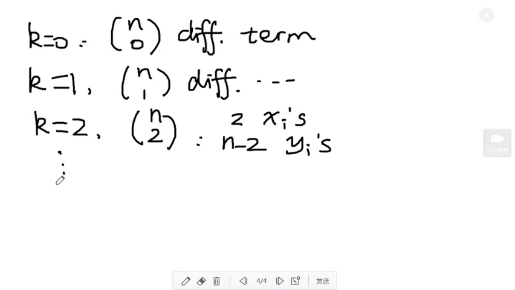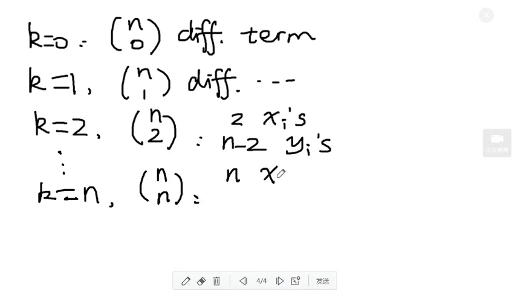So all the way going, my k can choose the largest value n, which in this case is n choose n, which means you have n xi's. And in this kind of term, you don't have any yi's, right? So this is when you have 0 number of x, you have those different terms. This is when k equals 1, you have those terms, k equals 2. So how many different terms are we going to have?